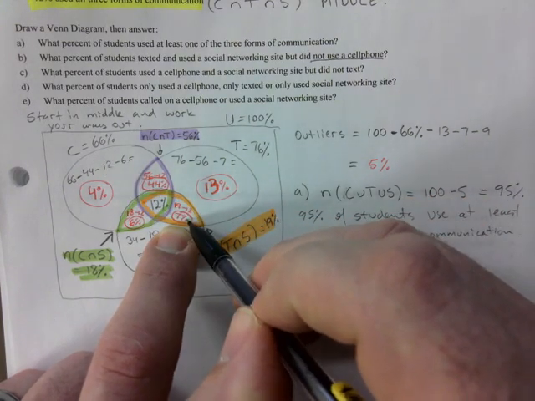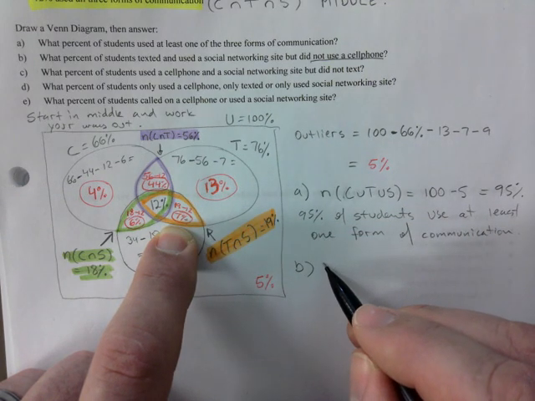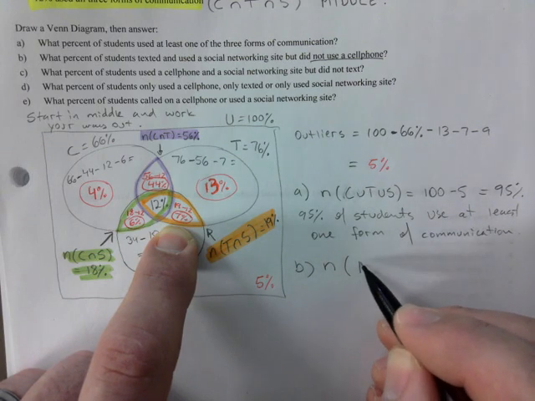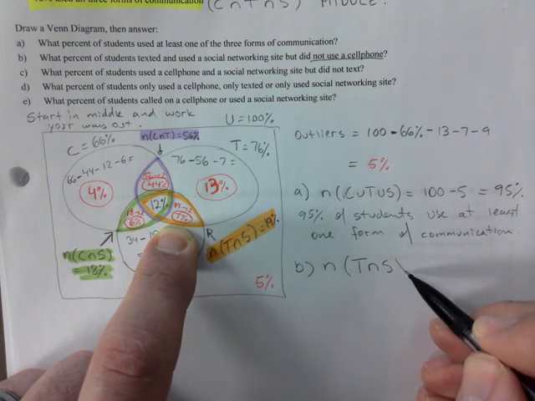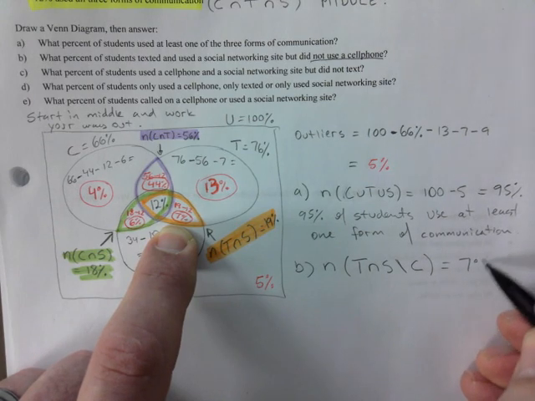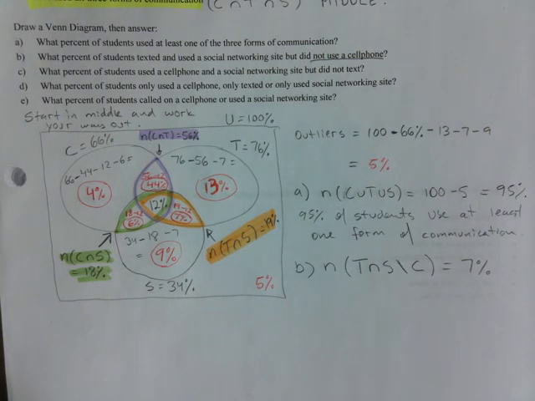So it's only the 7%. 7%. Do I have a notation for that? I do. I'm going to show it to you, but it's not too critical for you to know. So it's T and S, but not C. So that'd be 7%. That's the only 7 in that diagram, so you should be able to go grab it and see where that is coming from.